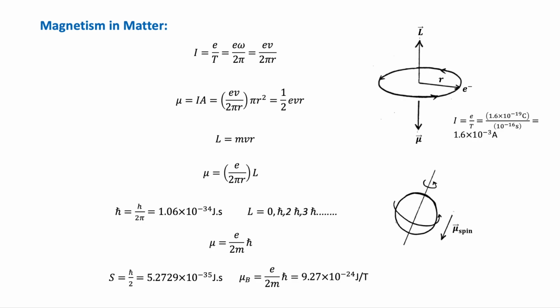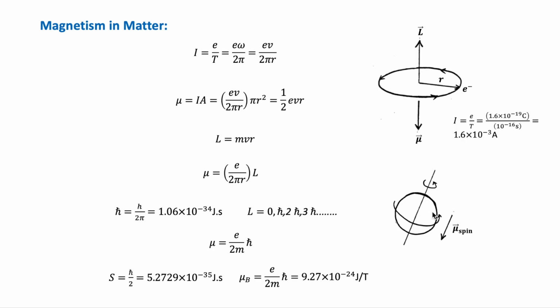As we said, the electron can be viewed as a charged sphere spinning about its axis while at the same time orbiting the nucleus. But this classical description is just to help visualize it. The spin of the electron actually arises from relativistic dynamics, which are incorporated into quantum mechanics, and we will get to this in other videos.